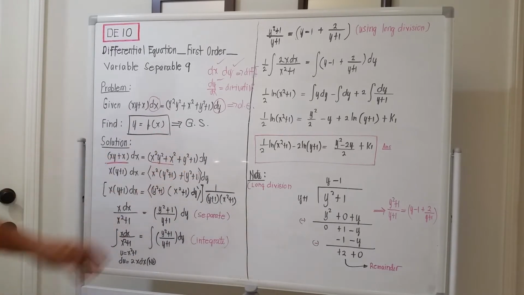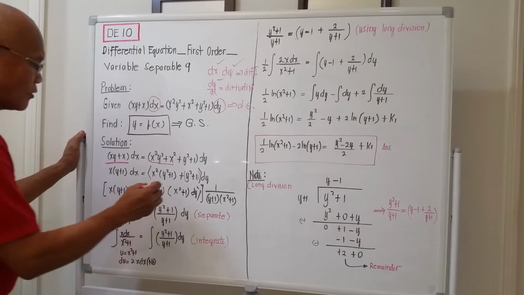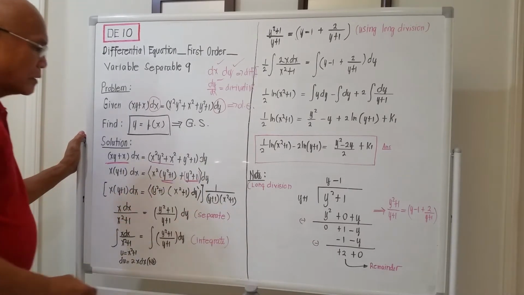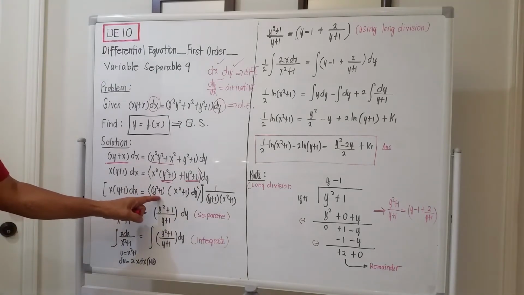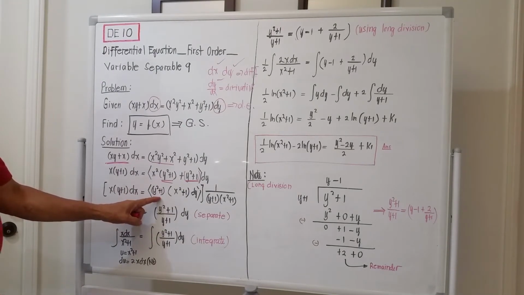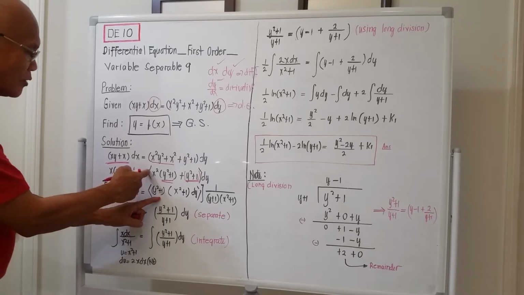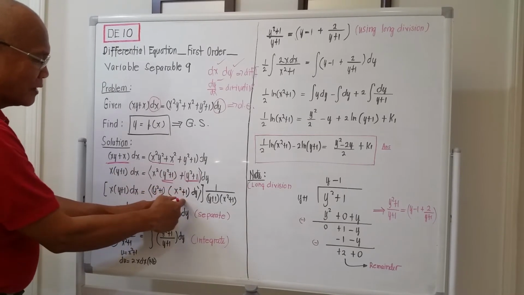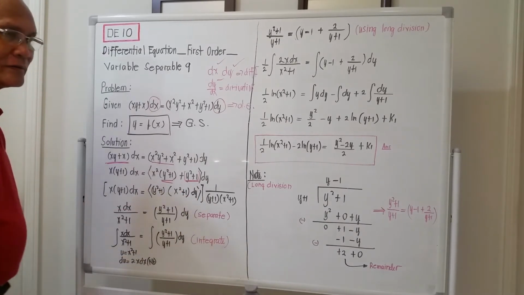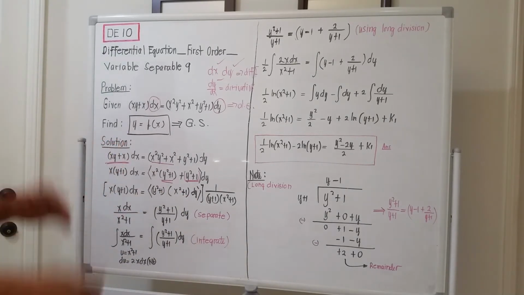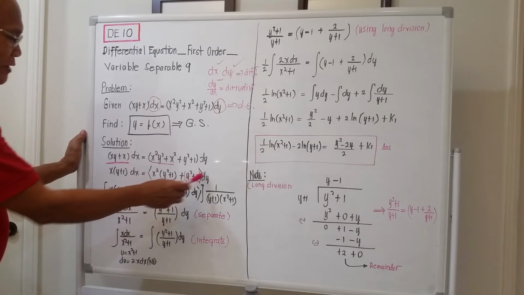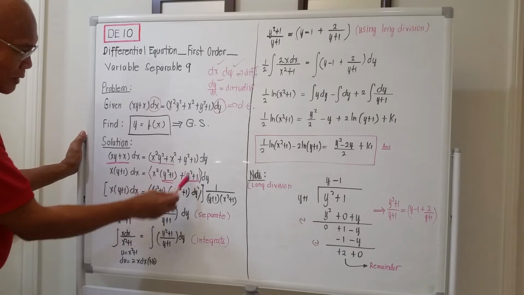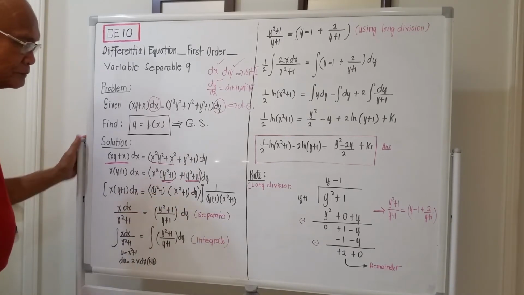If you notice, on the right-hand side there is a common factor y squared plus 1, so we factor out y squared plus 1. We have x squared over here, and what remains will be plus 1, close quantity dy. The common factor is y squared plus 1, and what remains as a multiplier will be x squared plus 1. This is x squared plus 1 times dy.